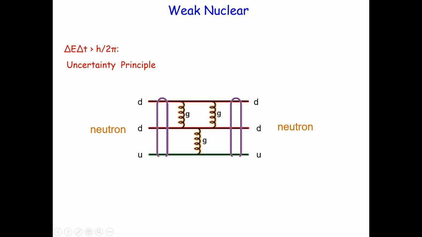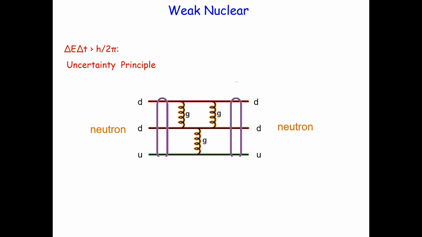Let me repeat it again. Initially, we have a neutron, just like you can see here in this diagram. A neutron is composed of two down quarks and one up quark. On the left hand side we have a neutron, and similarly on the right hand side we have a neutron. The constituents are the same, two down quarks and one up quark, and in between them there are interactions with the exchange of the gluons. If there are weak interactions between the neutrons, what actually happens?